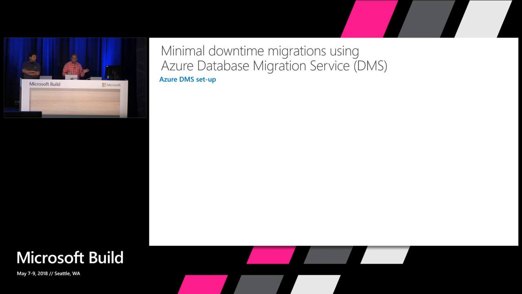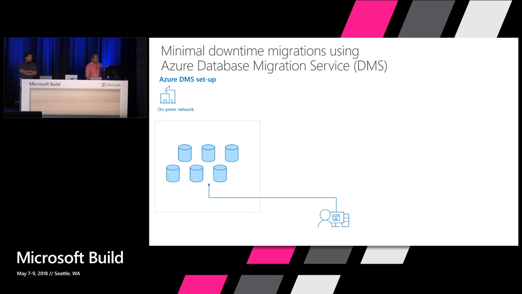Let me explain how that simply works before I go to the demo. So you have your on-premises network here. Within that on-premises, you have an application which references a bunch of these databases. Now you want to migrate to cloud. You created all those databases, you deployed the schema, everything is ready to do the actual migration.